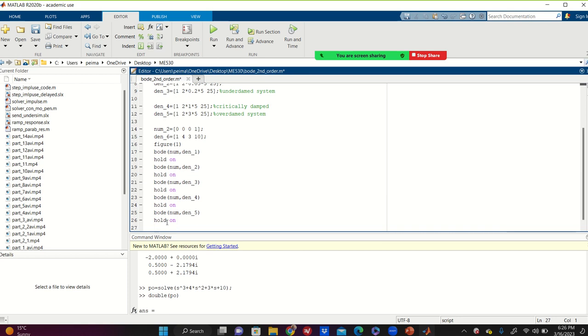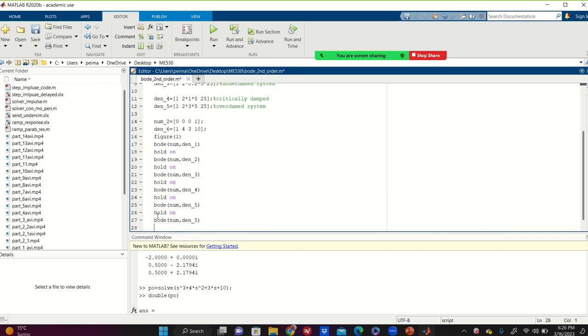Now I want to plot the Bode of a third order system. Third order system, guys. And compare with the underdamped system, underdamped second order system. This is third.